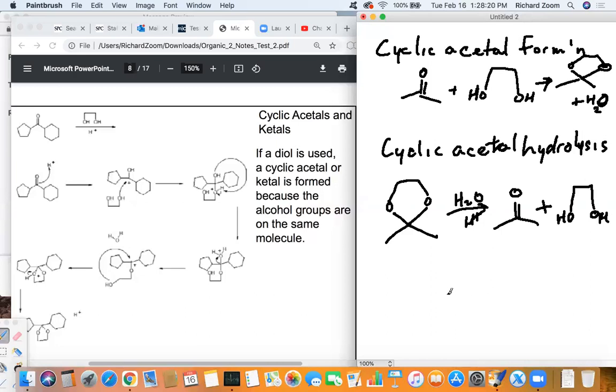So it could go either way, right? Those are the two possibilities. So I'm going to show you examples of both of those.